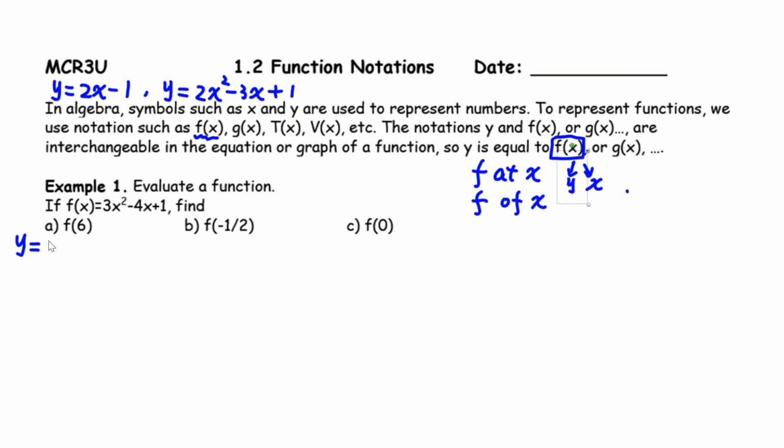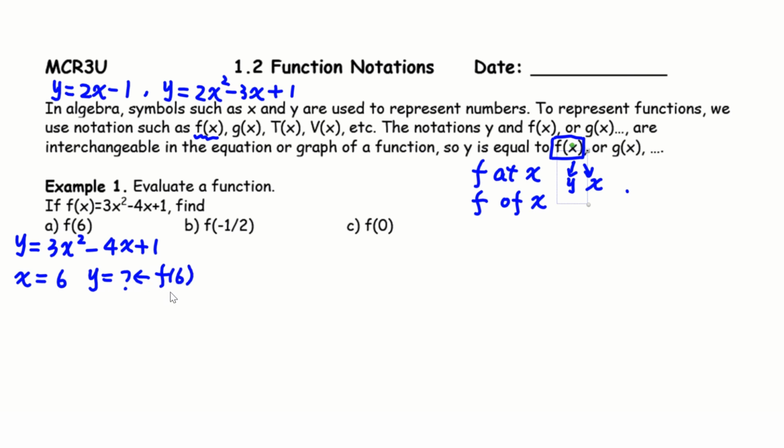So y equals 3x squared minus 4x plus 1. And for question A, f of 6 means the input x value is 6, and you are looking for the y value when x equals 6. So y equals what? That is equivalent to f of 6.